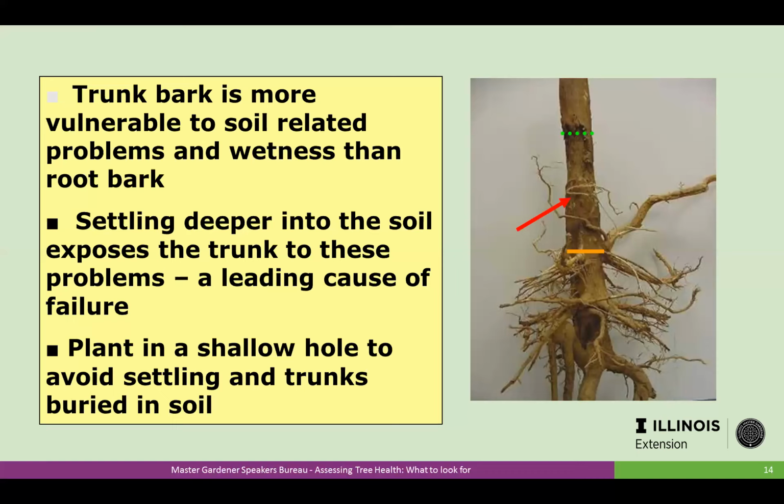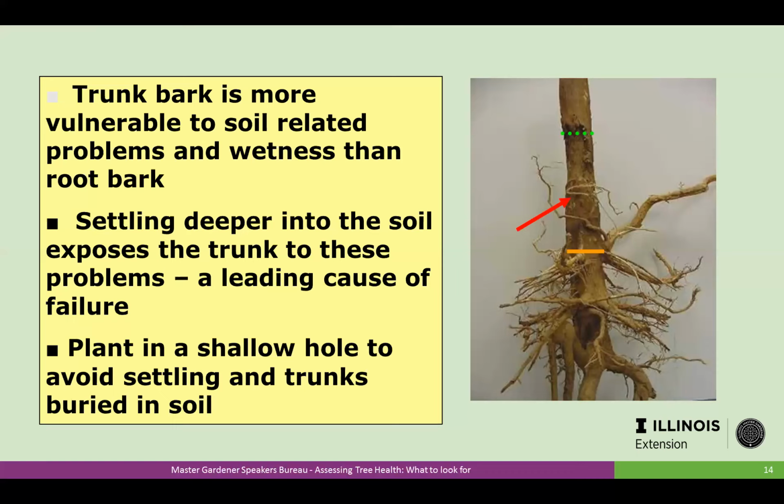Root bark is different than trunk bark, but it also needs to be able to breathe and is a living type of organism, but it has a different function because its purpose relates back more to bringing oxygen in through the soil water, and the trunk bark is bringing in oxygen through the air. So there's a couple of major differences there between these two types of bark.